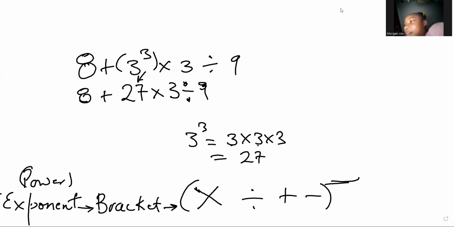Three divided by 9. All right, so you think it's 3 divided by 9. Thanks so much. Senior, what do you think? I'd say 27 times 3 because multiplication comes before division.